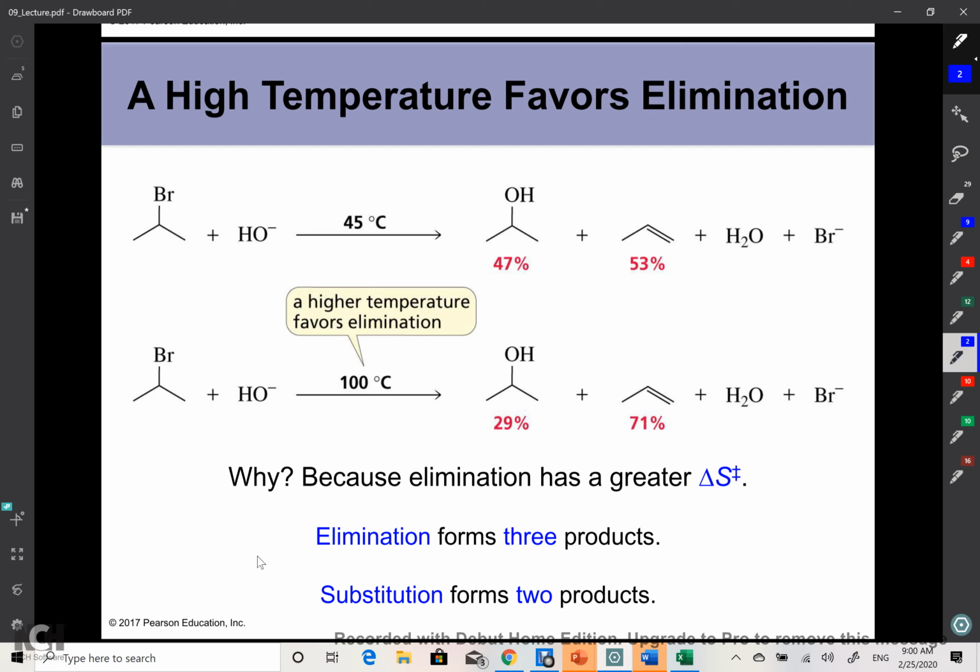Does that make sense? You were favoring substitution over elimination. And so when you were shaking that thing, what was the nucleophile? The nucleophile was Cl minus, which is a weak base. The nucleophile was chlorine because of the hydrochloric acid you used.